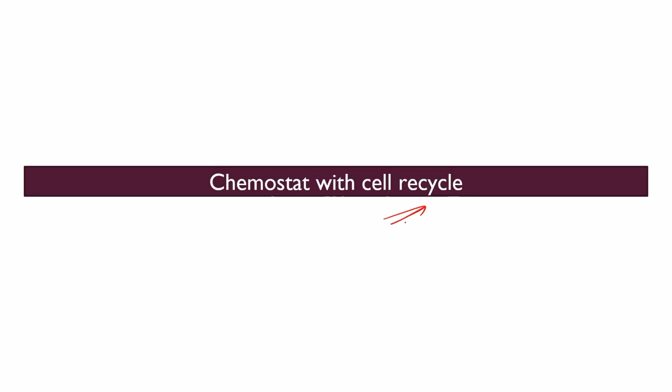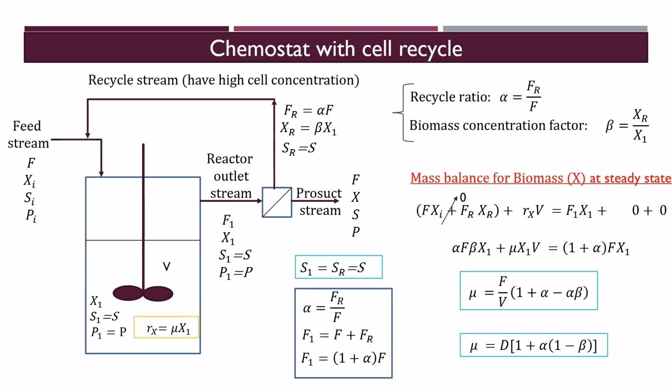Now, next we are going to see CSTR with cell recycle. What is important here is, if you want to improve the productivity further, it is better to have more and more biomass. It means if you can have a higher concentration of biomass, it can lead to better bioprocessing.